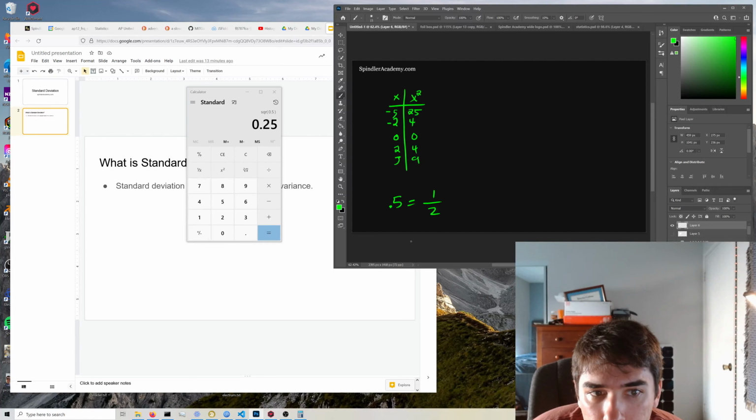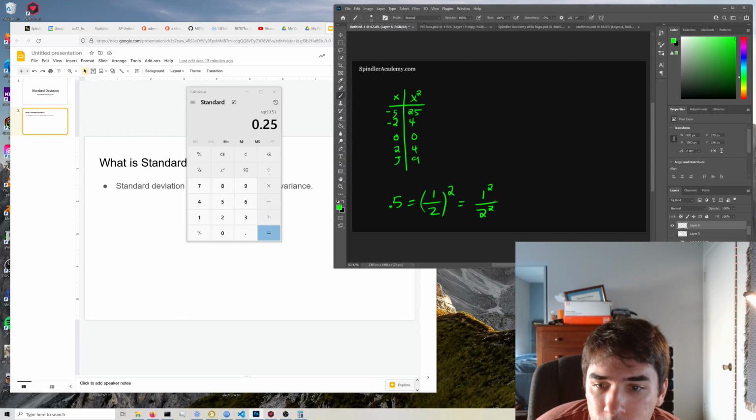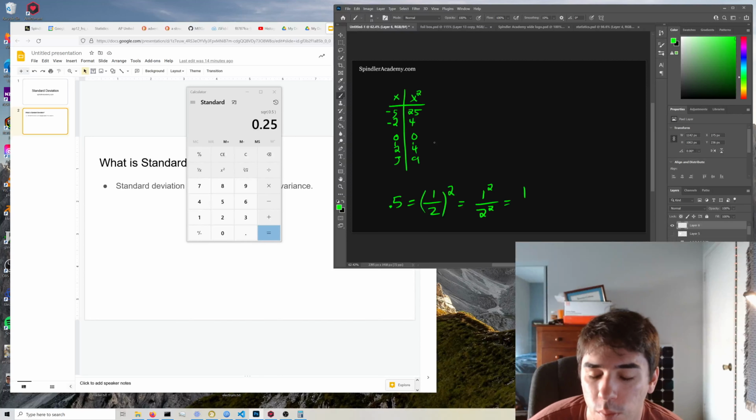And if we square that term, for fractions, you distribute the squared term, so it would be 1 squared over 2 squared. And then that equals, there's a 1 here and a 1 here, because 1 squared, or 1 times 1, is 1, over 4, which is 0.25. Oh, these are not all equal. I should erase that.